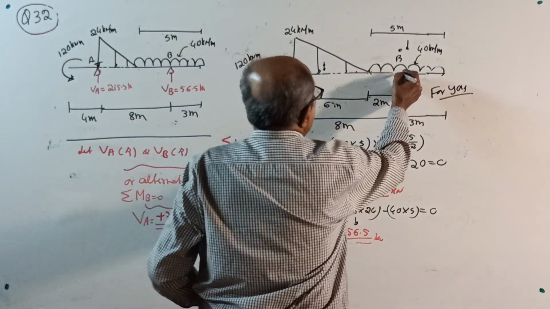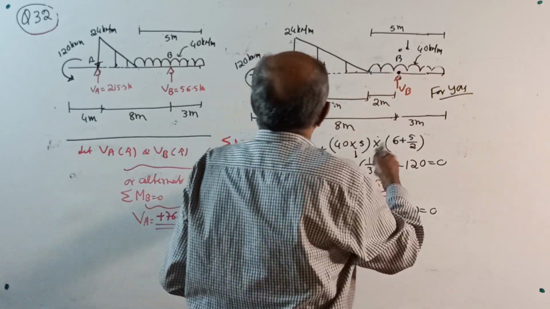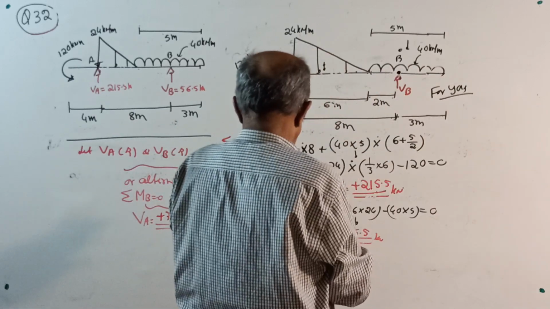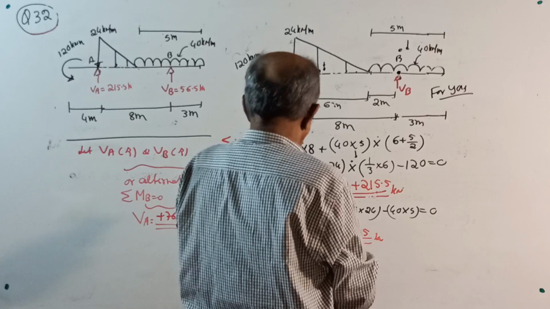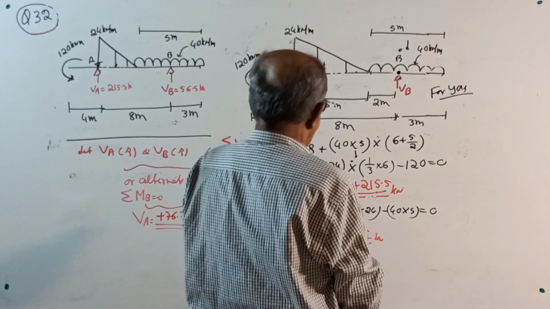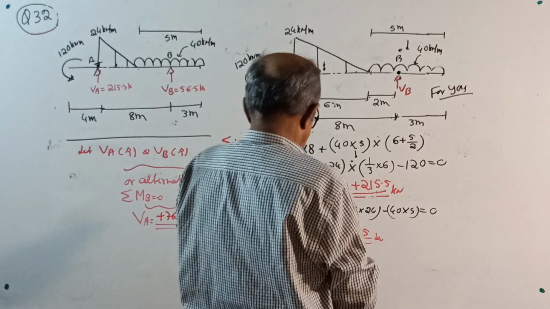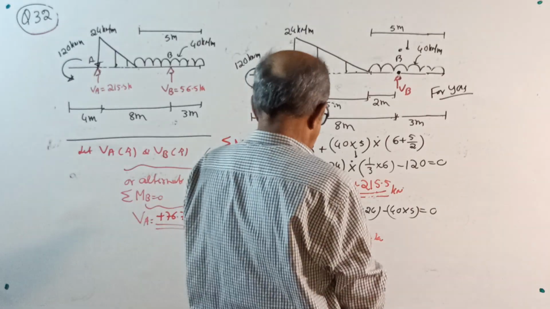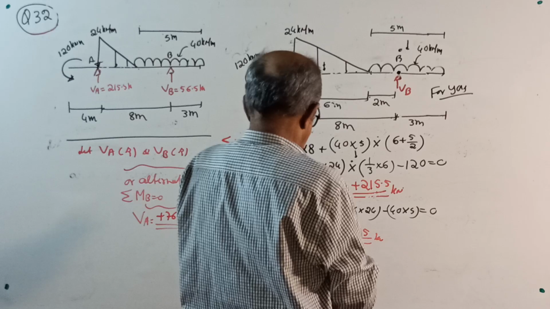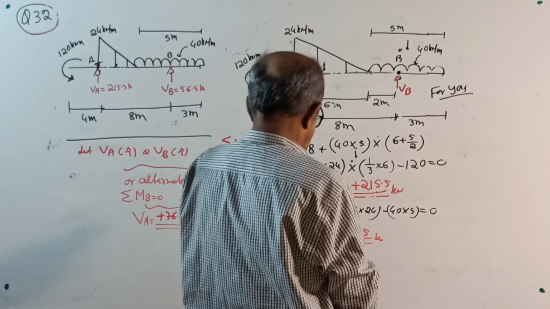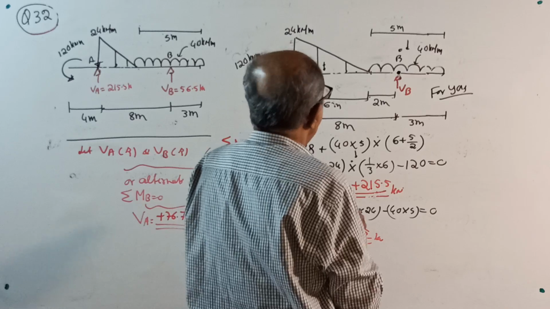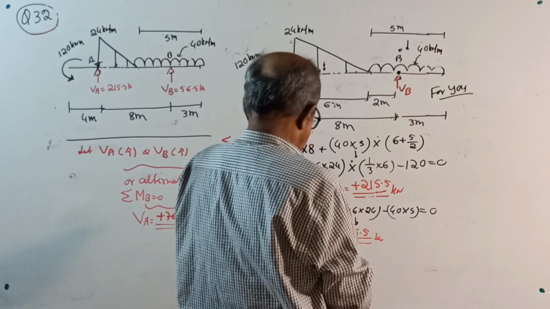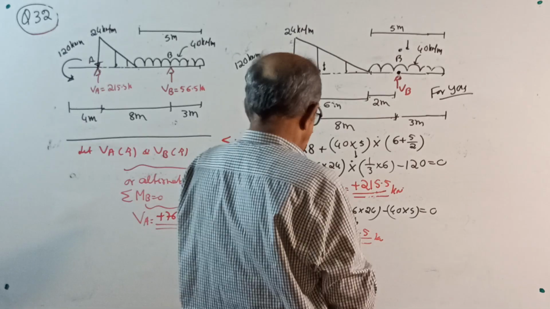One minute. If I take moment about B: minus 120 minus half into 6 into 24 into bracket 2 plus 2 by 3 of 6 equal to minus 40 into 2 into 1, that much, plus 40 into 3 into 1.5, answer divided by 8.